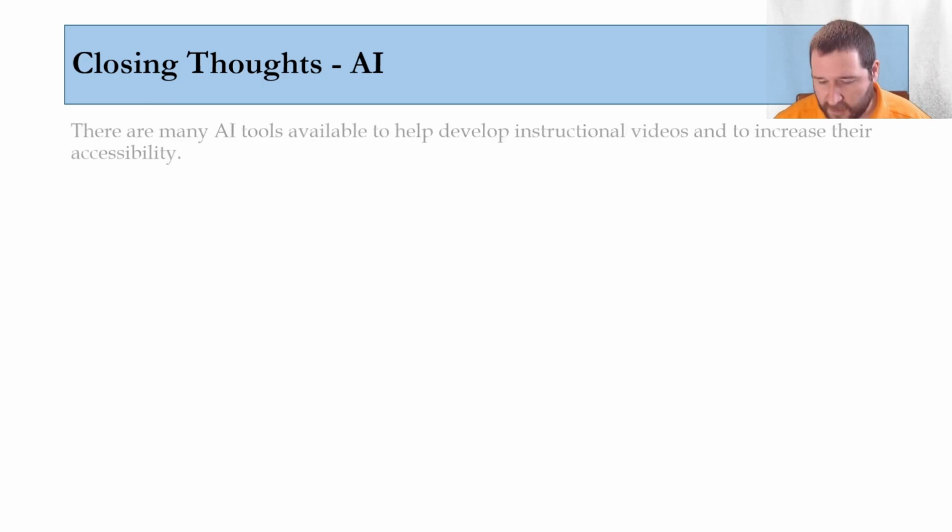But just some other thoughts I have on it. There are lots of AI tools available to help develop instructional videos or other instructional media. And these tools also help increase their accessibility, which is really exciting for me, right? These AI tools allow us to outsource our workload to computers, and as a result, we should have more accessibility and more people able to learn.